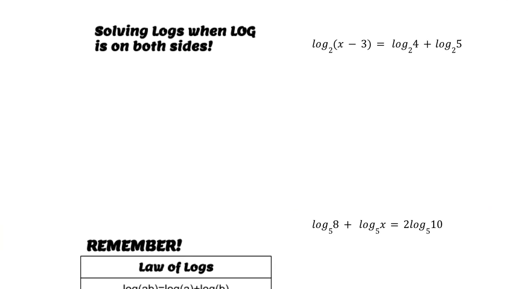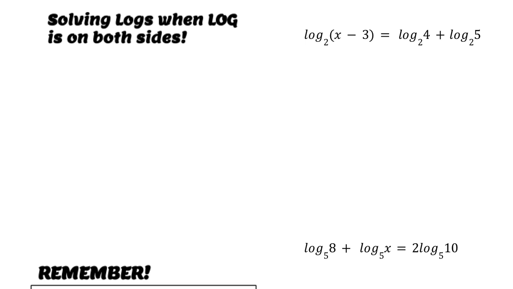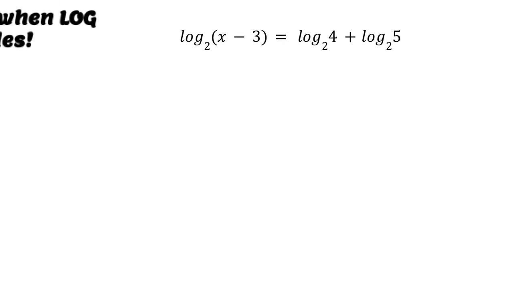Okay, now check this one out. This one is like when we have our base to a base. We have to get them to the same base, right? And then we get to drop our bases and solve our expos. So here we go. We can only have one log on each side. So here we got log base 2 of x minus 3. How important are those parentheses?